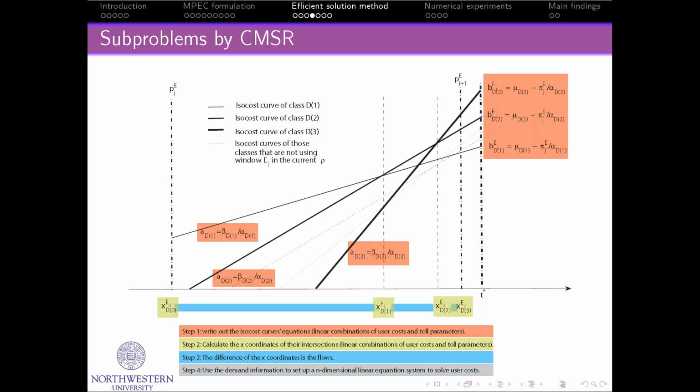So the core part of this solution method is to write out the flow and the cost as explicit functions of the toll parameters. So if these functions become nonlinear, it will be much harder to get their intersections in the second step.